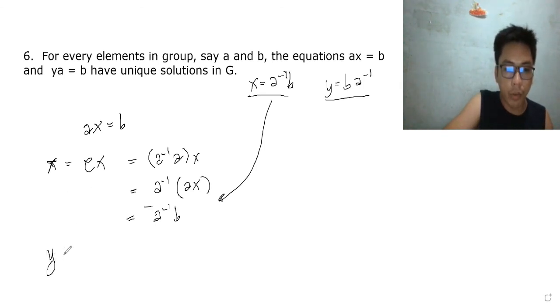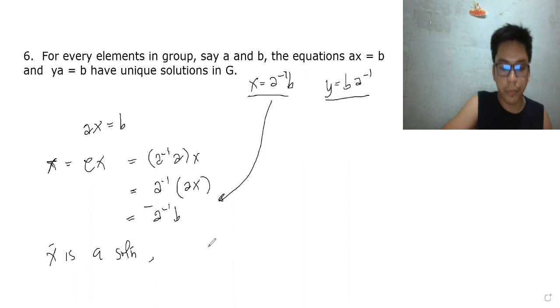Now suppose Y is also a solution. Oh, I'm not going to use Y. I'm going to use X bar instead. X bar is also a solution. So meaning to say that I would have A X bar, that's the same as B, but that's the same as AX. So it simply tells us that A X bar is equal to AX.